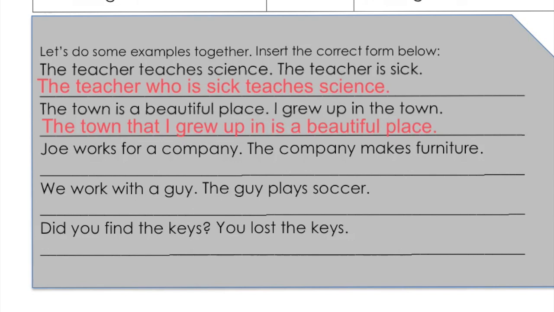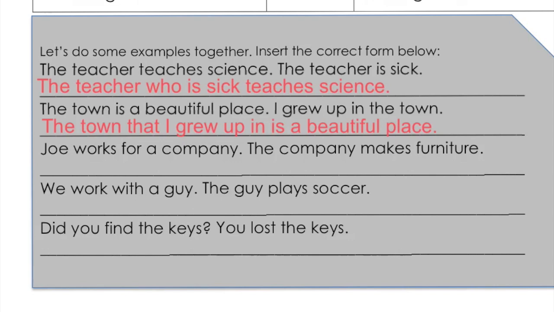Let's look at the next one. Joe works for a company. The company makes furniture. What two parts of these sentences are similar? You should be thinking company. They both have the word company.